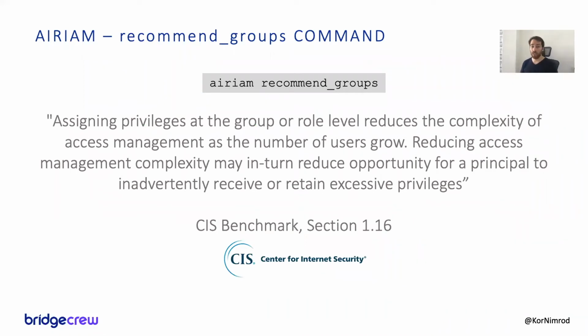As part of the CIS benchmark, it's really recommended to manage all the IAM user permissions through IAM groups. That way, when an employee leaves or something like that, you can just detach them from the groups and be done with it. You don't need to go to that specific user and fix their permissions, and it also allows giving a specific policy to a group of users at once, not just one by one.